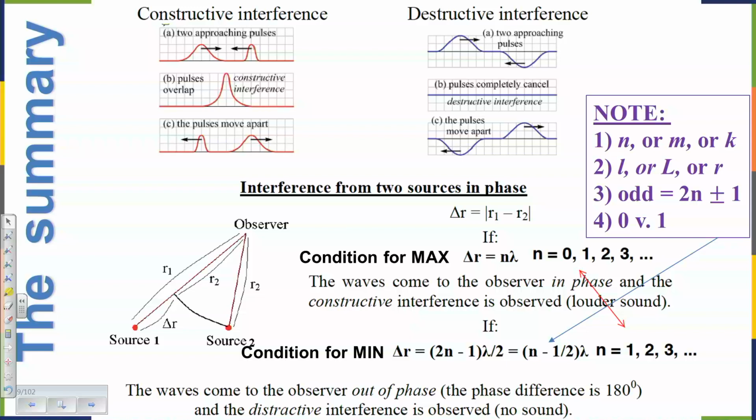For maxima, we start counting from 0. For minima, we start counting from 1. That's a little difference. Another thing, for the length of the path, again, people use different variables. Lowercase l, capital L, R, X. It doesn't matter. We need to just know what it represents.